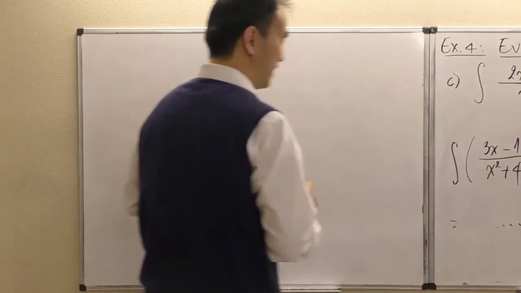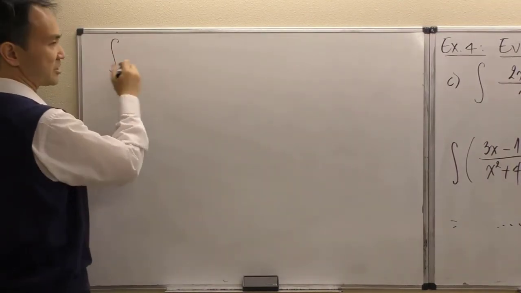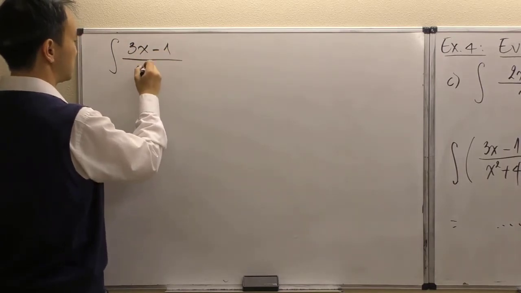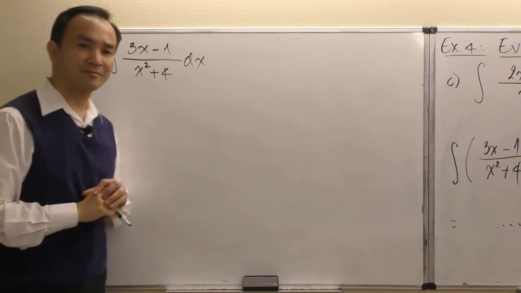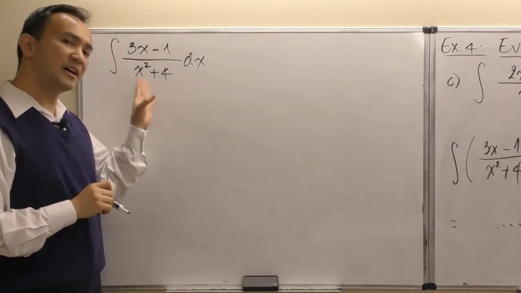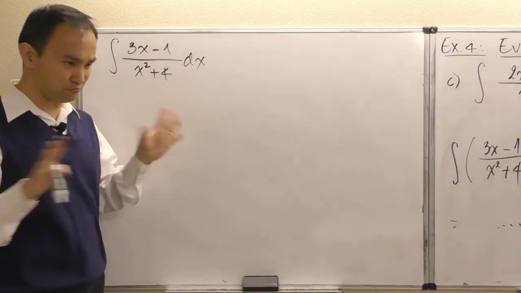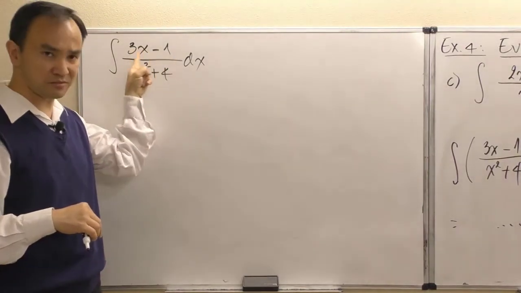All right, and so let's now just specifically focus on the integral of 3x minus 1 over x squared plus 4 dx. Okay. So at first sight, it might look a little problematic for any of us. But here's the thing: take advantage of that being two terms here.